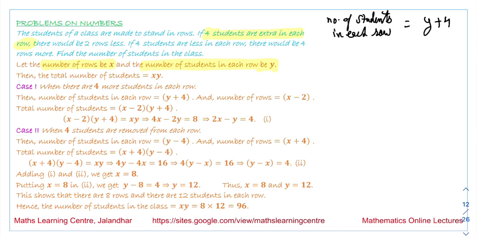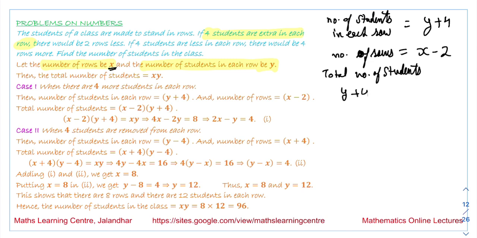There would be 2 fewer rows, so the number of rows will be x minus 2. So the total number of students will be y plus 4, the number of students in each row, into x minus 2.